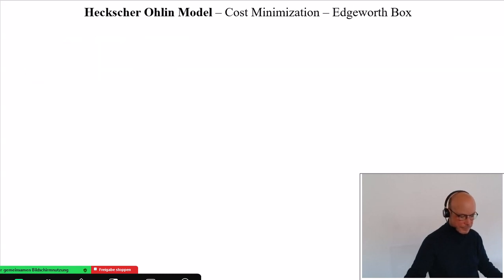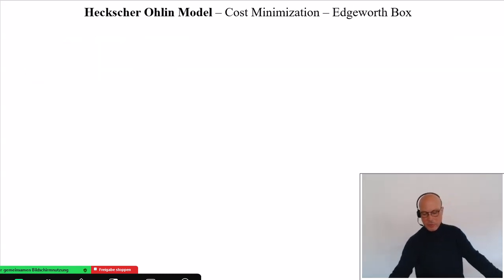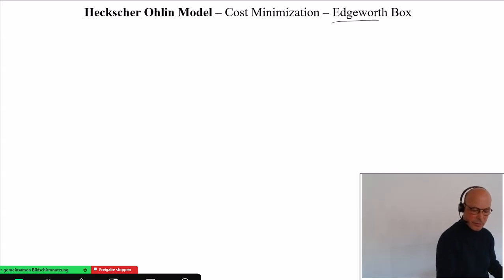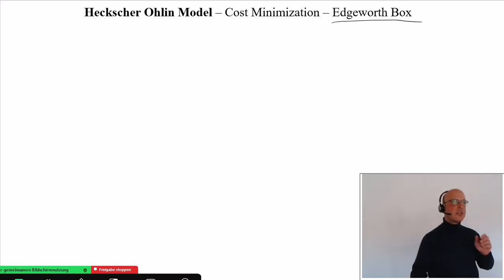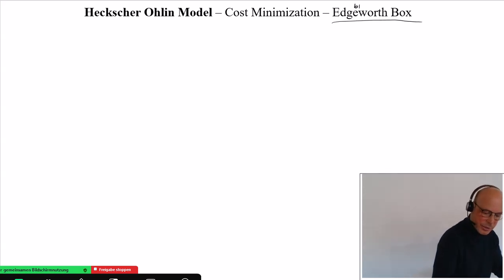Now let's go to, again, our cost minimization and the so-called Edgeworth box. Have you heard about this concept of Edgeworth already? Maybe in microeconomics? This is a British economist.